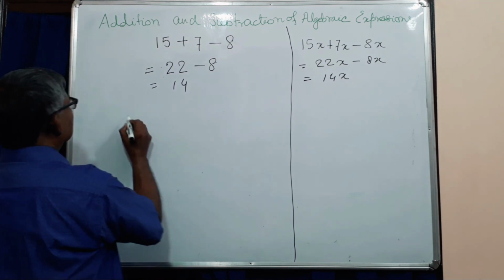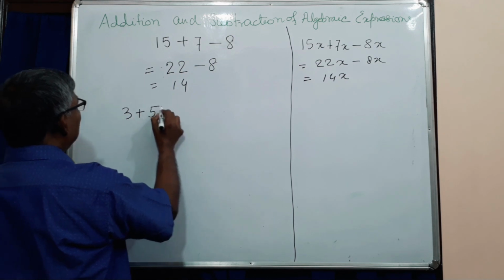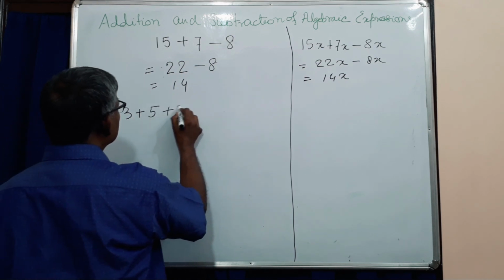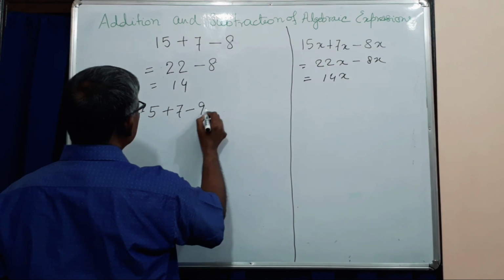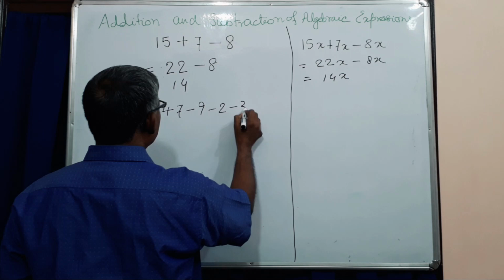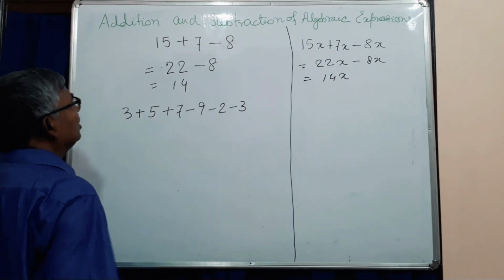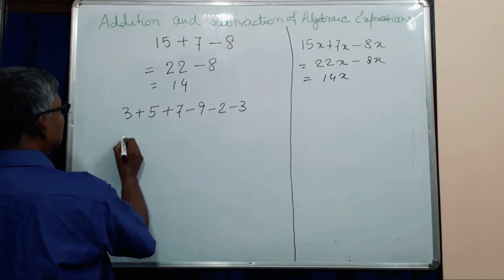Again just see 3 plus 5 plus 7 minus 9 minus 2 minus 3. What is the value of this?